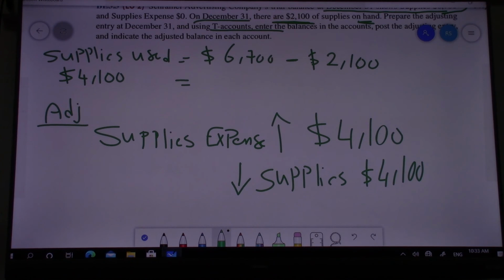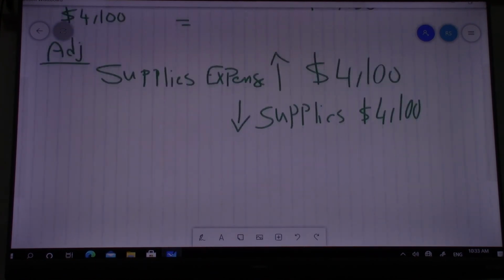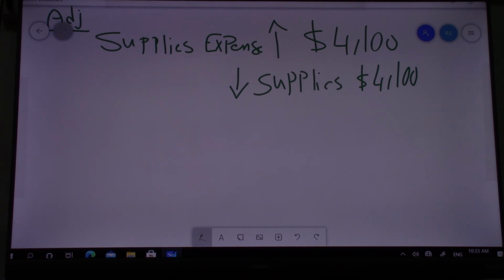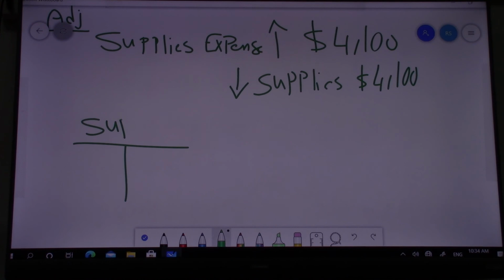What about the second requirement, the T account? You should prepare the T account for these two accounts. So supplies. You were already having supplies available during the period, $6,700.